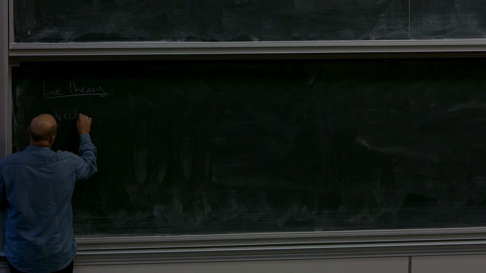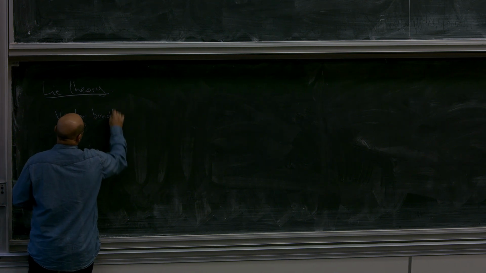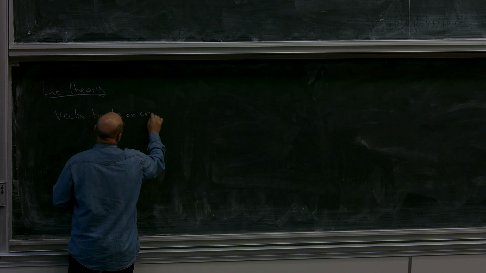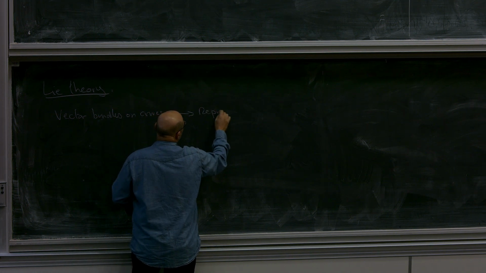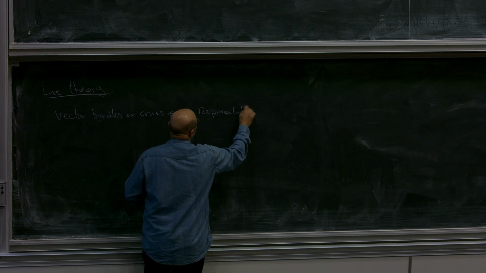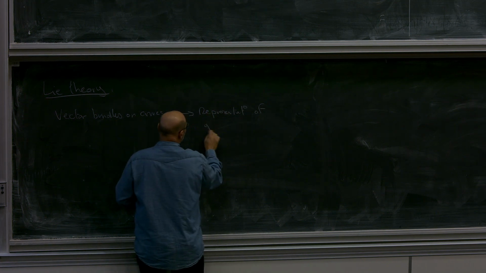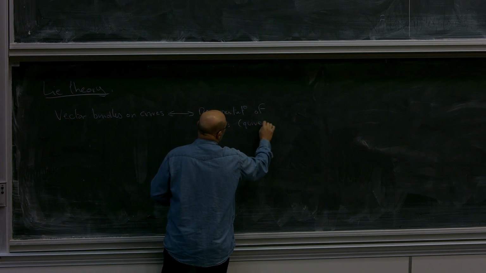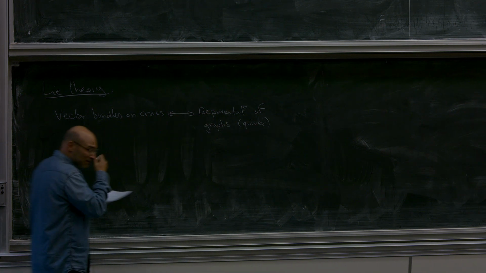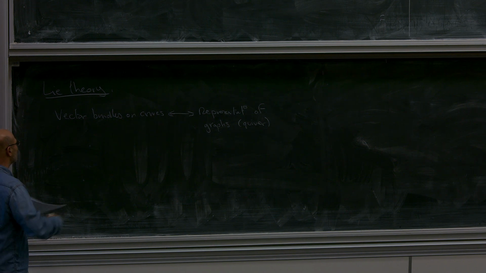Vector bundles on curves look a lot like representations of graphs. And in this setting, a graph is called a quiver because it's much more poetic, I guess.